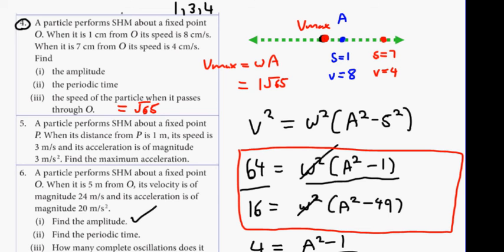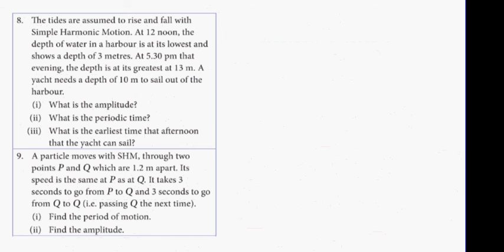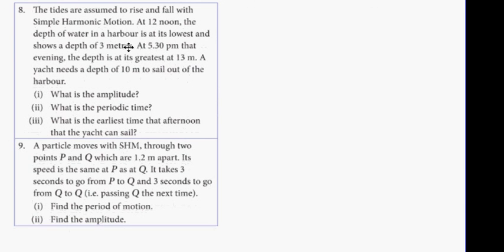The tides are assumed to rise and fall with simple harmonic motion. At 12 noon, the depth of the water in the harbour is at its lowest. So what you can say here is that if you were to run a model on this, imagine the depth of the harbour is at its lowest.